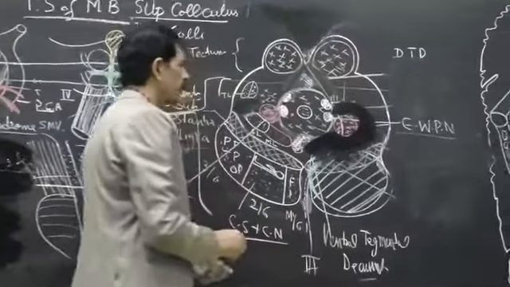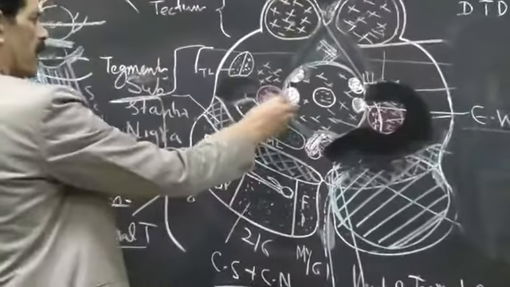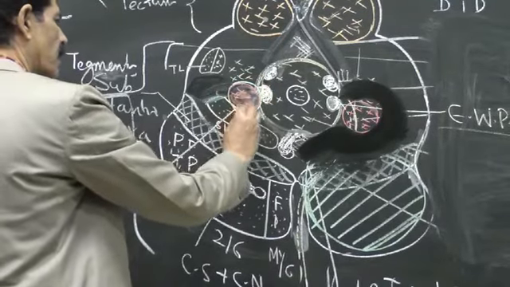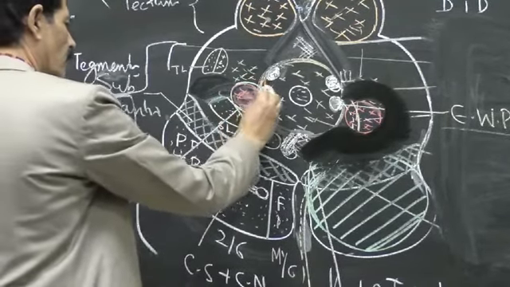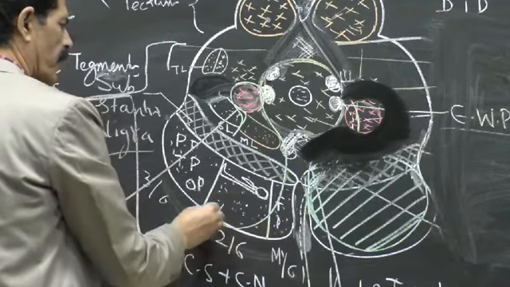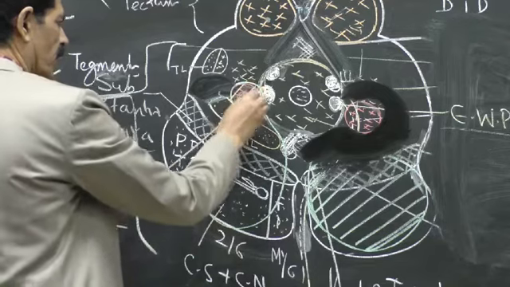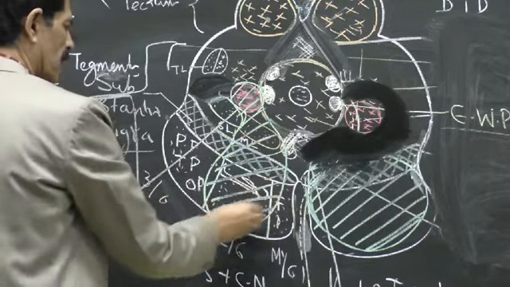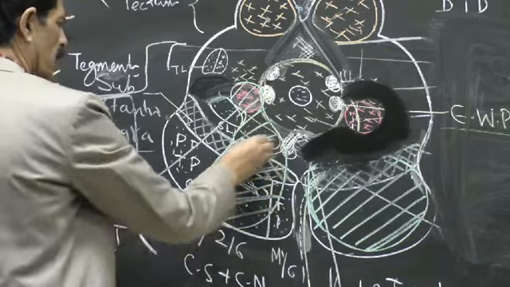So this Benedict's lesion involves the red nucleus. It involves the medial lemniscus and the corticospinal tract. So this shaded area is what is called the Benedict's syndrome.